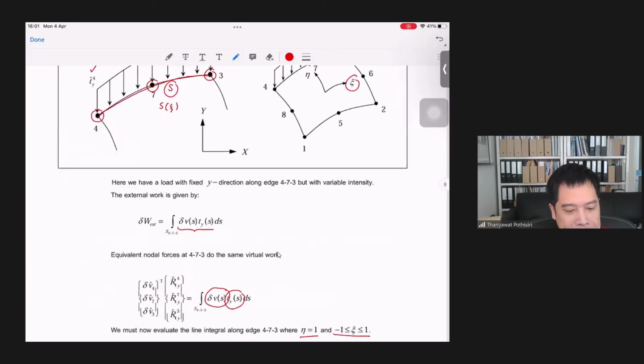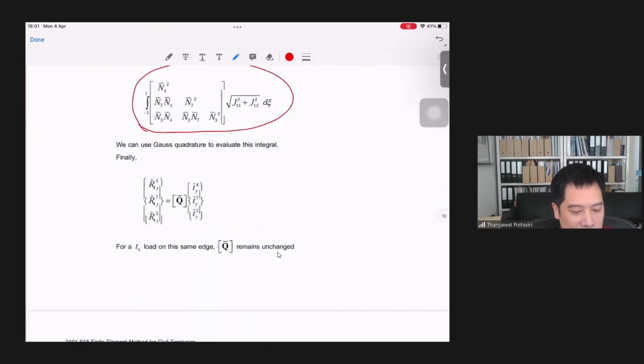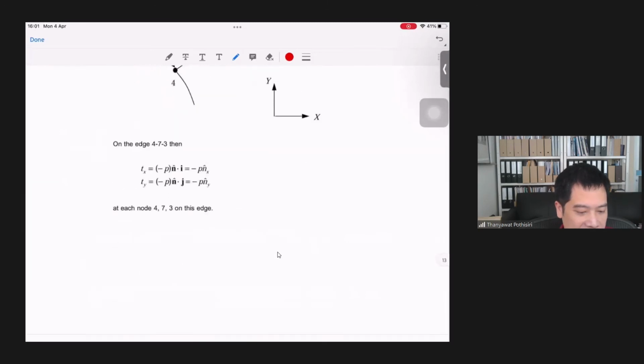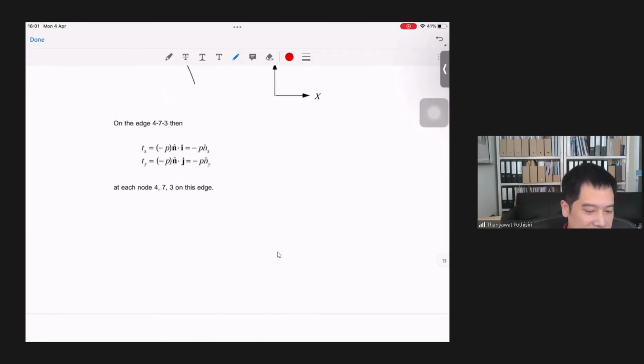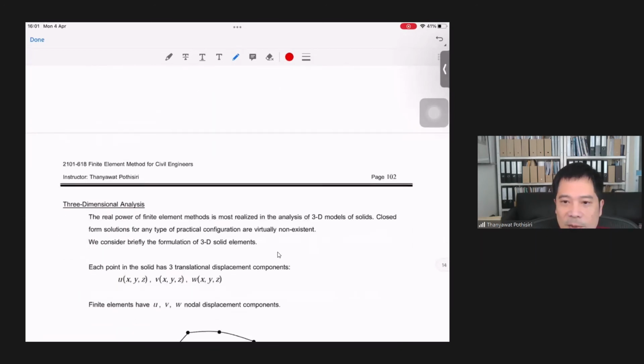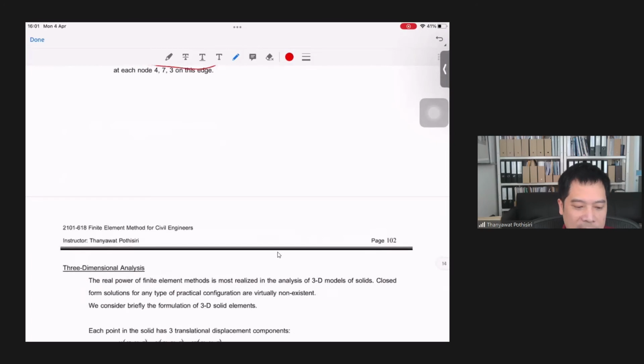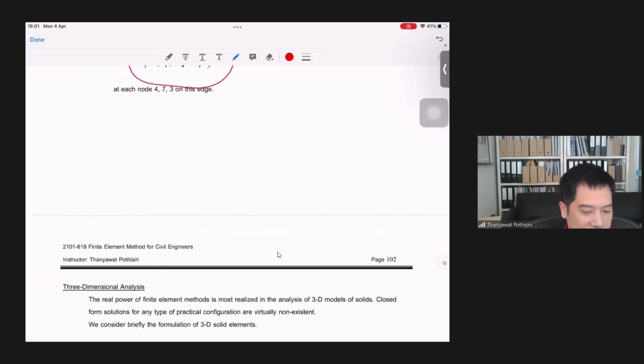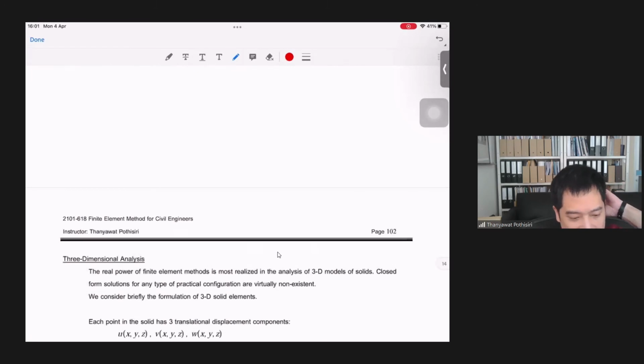So in this case, you can compute this traction Tx and Ty based on this, and then just follow pretty much the same procedure to compute work equivalent traction. Okay. Now I think that is pretty much it for our two-dimensional problems.